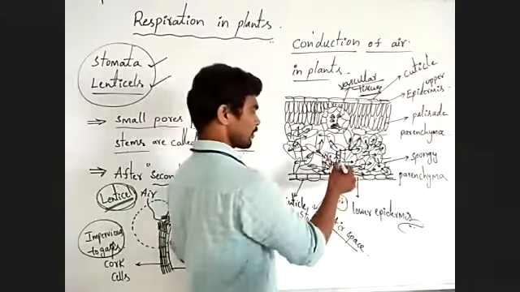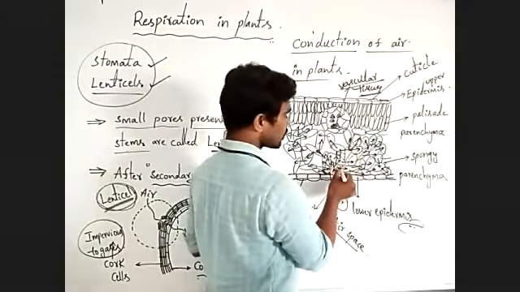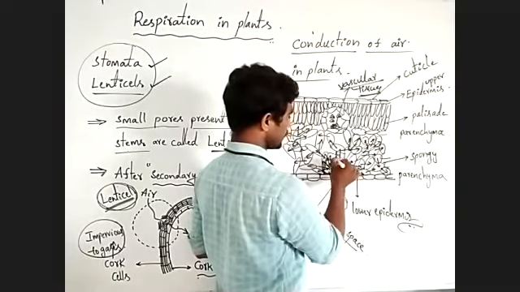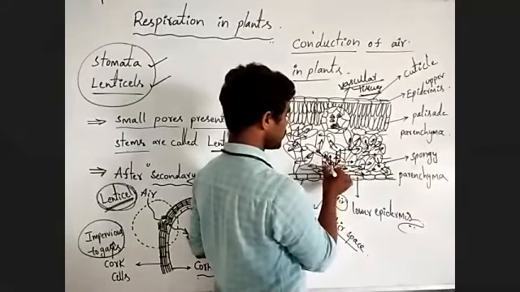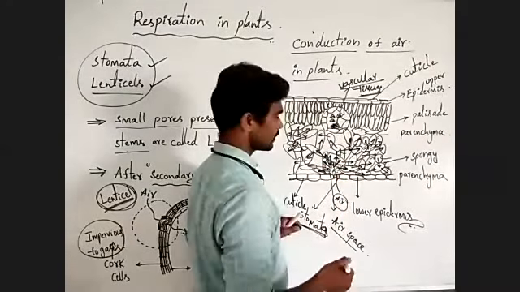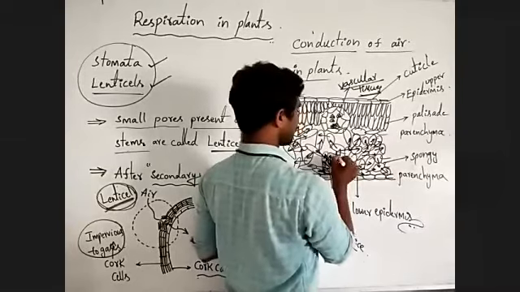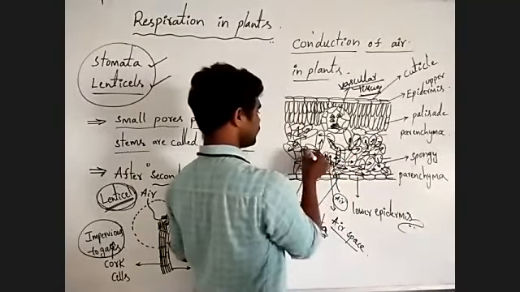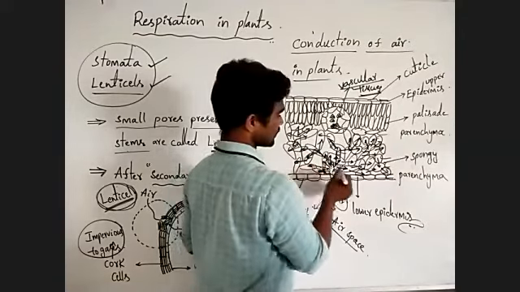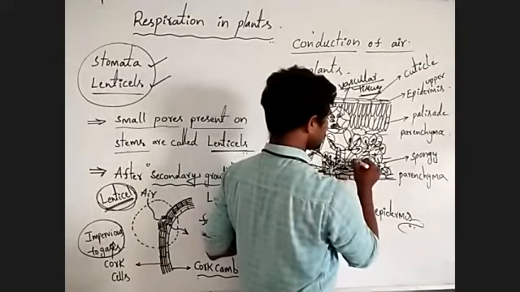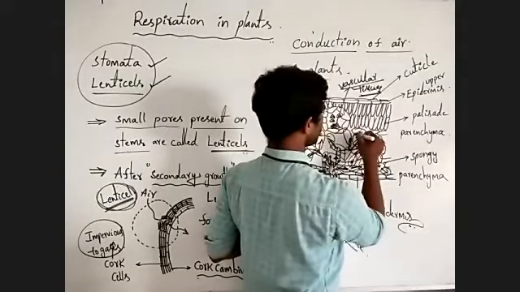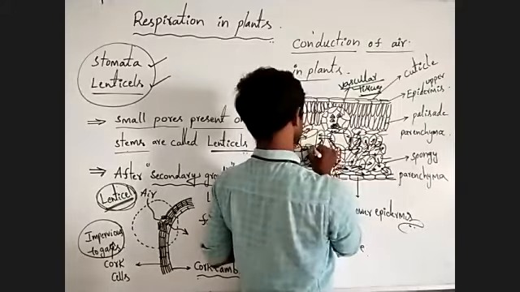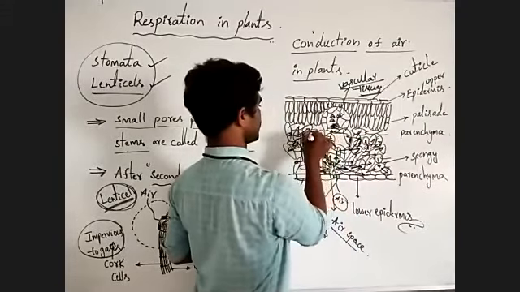Then, from that water, oxygen is diffused into the surrounding cells. From those cells, it is again diffused into the other cells, like this, from one cell to another cell.